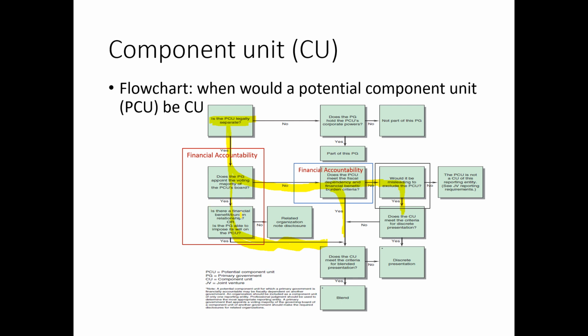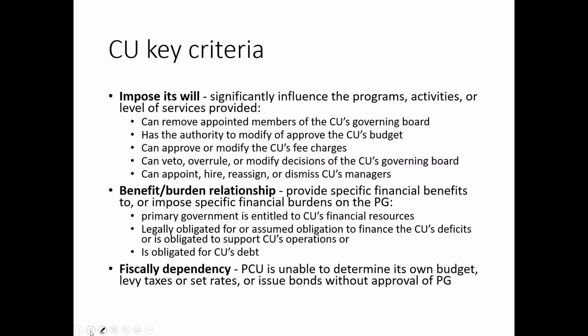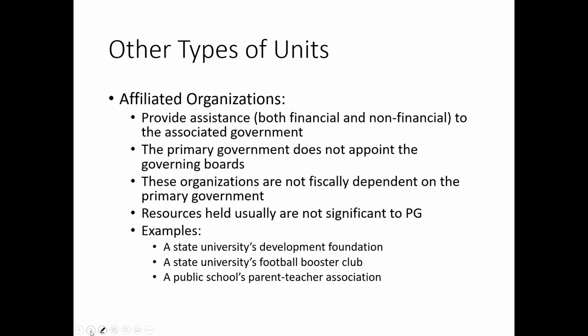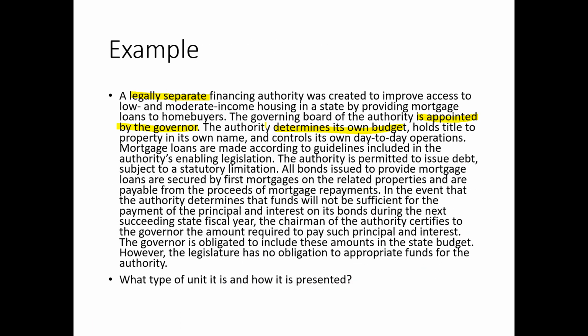Are there financial benefit burden relationships, or is the PG able to impose its will on the PCU? Looks like it does not impose its will. Let's read, right? Because the authority determines its own budget, holds title to property in its own name, and controls its day-to-day operations, right? Control, hold.